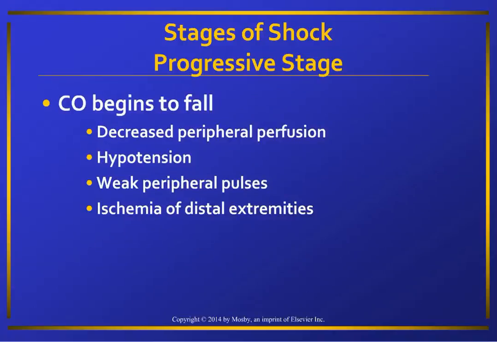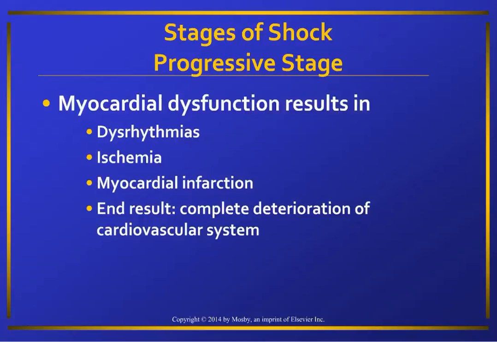The cardiac output begins to fall, causing decreased peripheral perfusion, hypotension, weak peripheral pulses, and ischemia of the distal extremities. Myocardial dysfunction results in dysrhythmias, ischemia, myocardial infarction, and the end result is complete deterioration of the cardiovascular system.